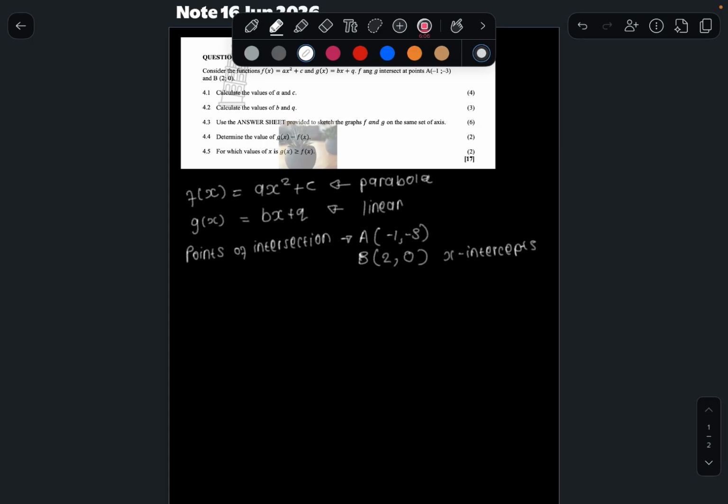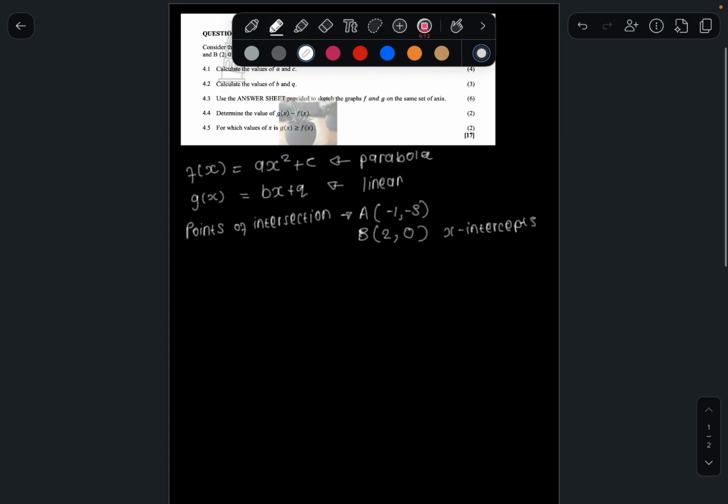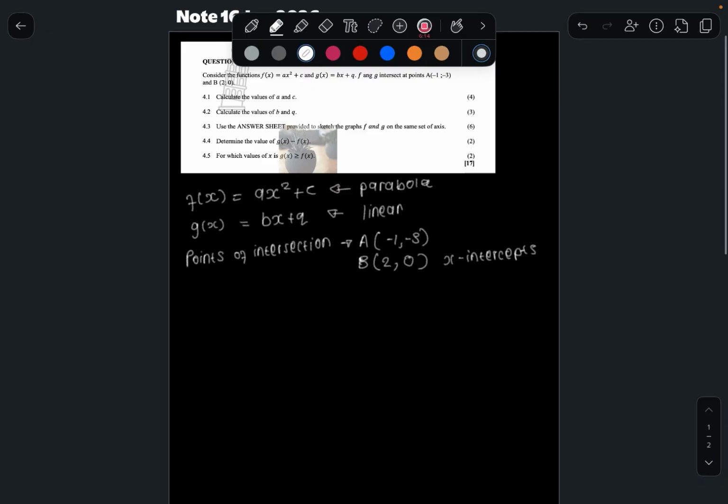If it's required somewhere, obviously it's going to be required somewhere. It's math, right? So math is basically systematic. You know what to expect. If you go through these past papers, then you would know how the examiner structures these questions, right? You would know what they want based on the information they have given to you. So you see ax squared plus c, they'll obviously want the variables. We do not have a sketch, so obviously they want a sketch, things like that.